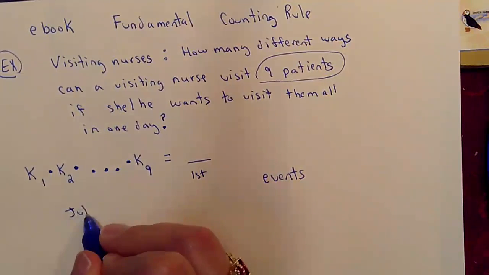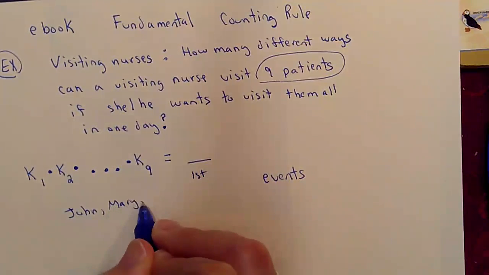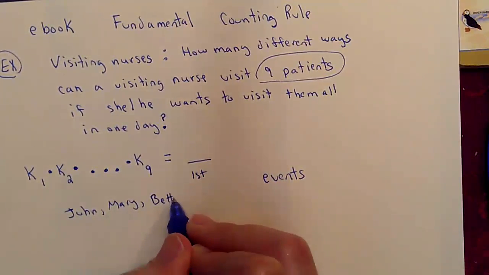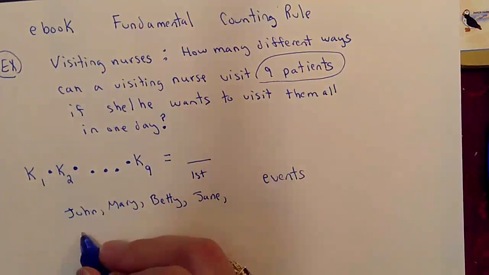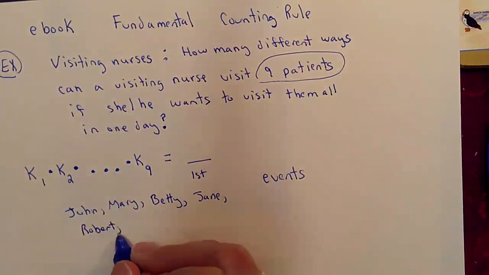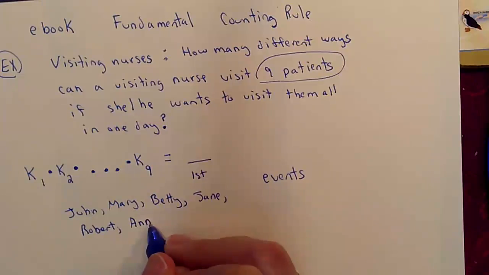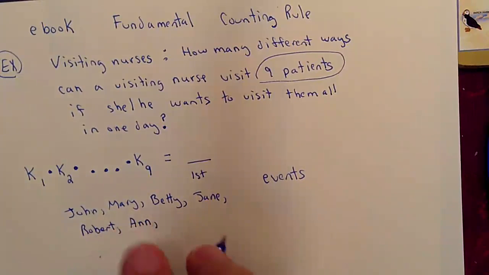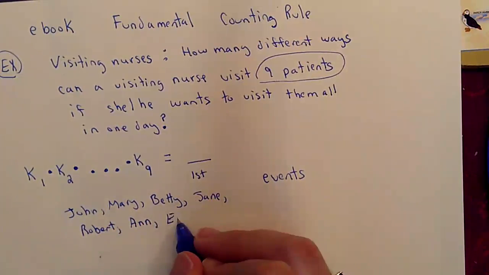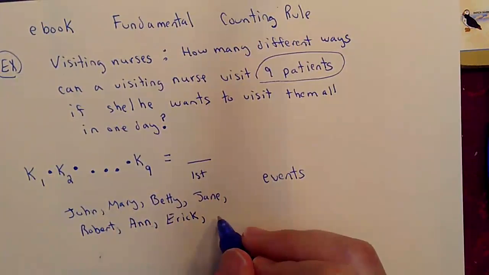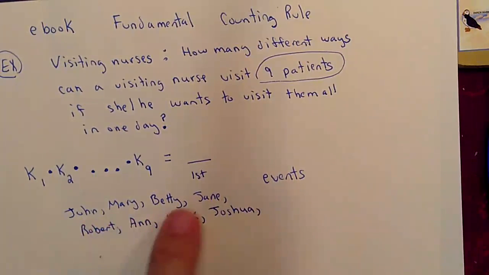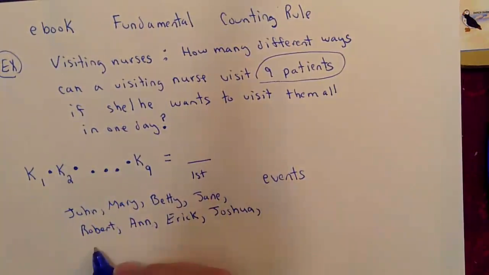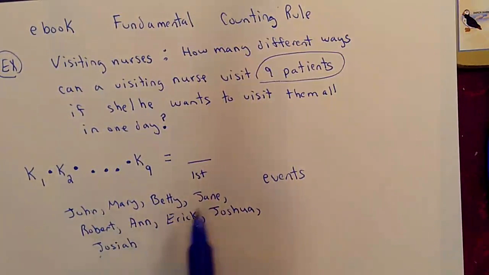Let's say you have John, Mary, Betty, Jane, Robert, Eric, Joshua, and Josiah.